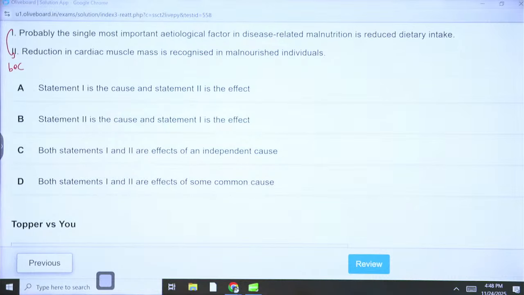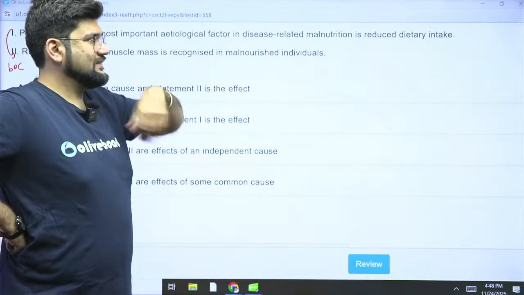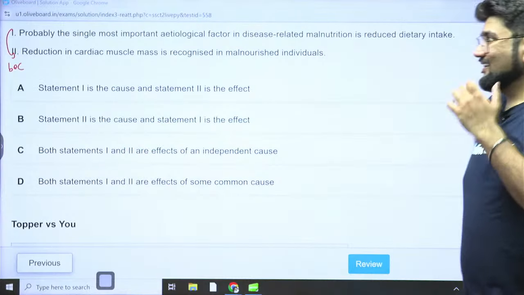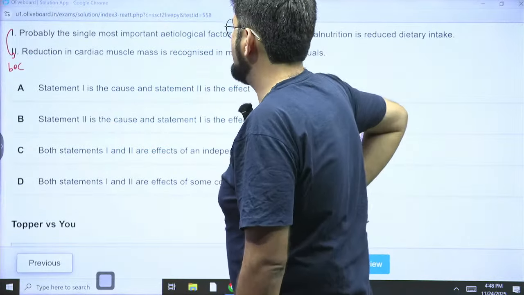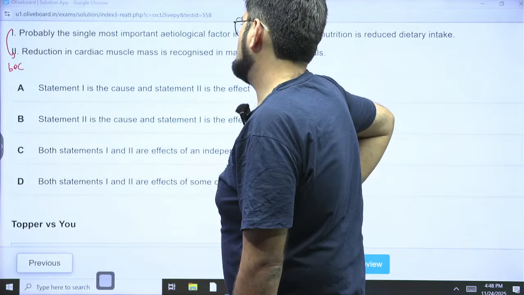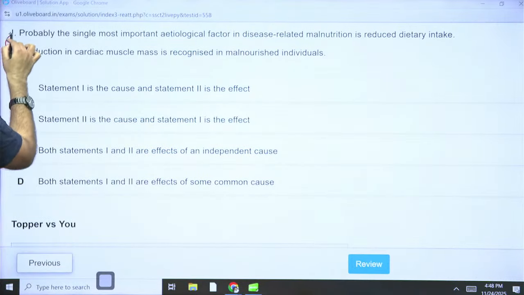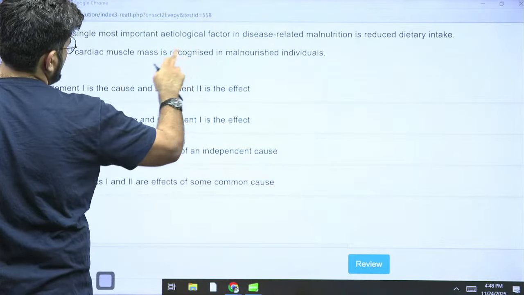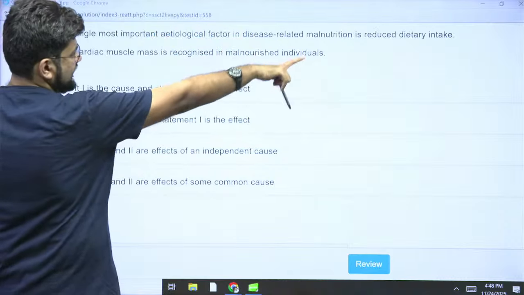I think this is making more sense. Why? Because the statement reads in the form that the single most etiological factor, etiological means reason, the reason for disease-related malnutrition is reduced dietary intake.